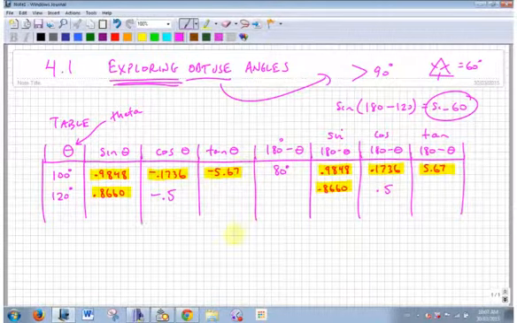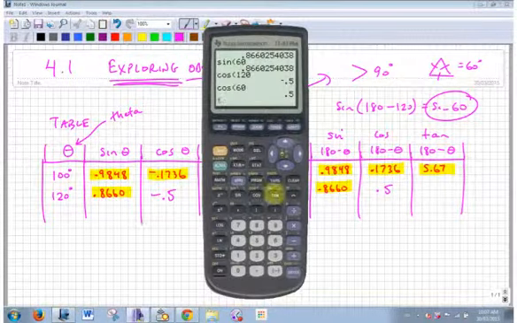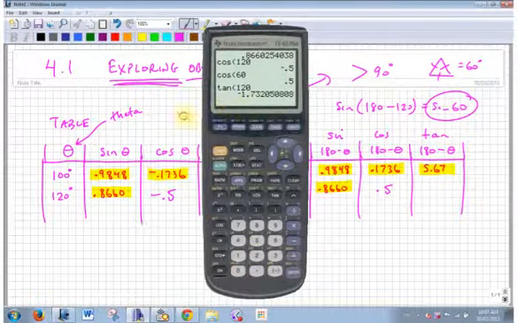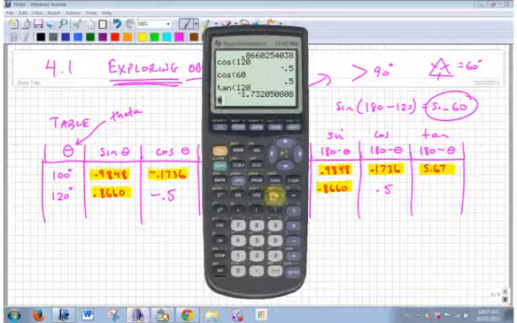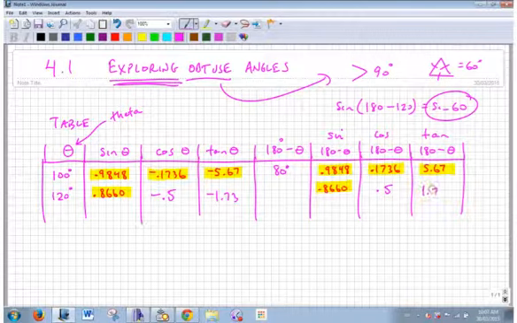And tangent of 120 is negative 1.73. Any predictions on what tangent of 60 is going to be? You think? Could it work? What do you think? Do I need to do 77 more of these, or do we think we see what the pattern is?